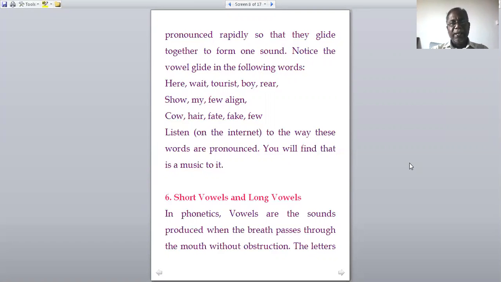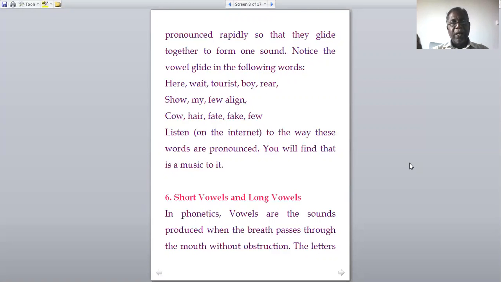When you say it like this, you listen to the music. Like last but one, short vowels and long vowels. Vowels we saw. There are 20 vowel sounds in English. Letters are only A, E, I, O, U, 5. All the remaining 21 letters are consonants.